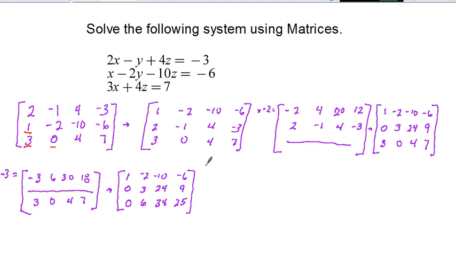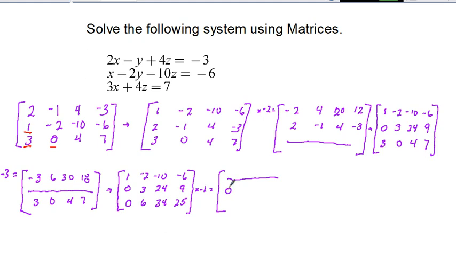So now we're almost there. We got 2 of our zeros. I have 1 zero left to achieve. So I can do that if I multiply row 2 by negative 2. So I'm going to take this row 2 times negative 2. And here row 1 is not involved in our problem, so we'll just line that out.